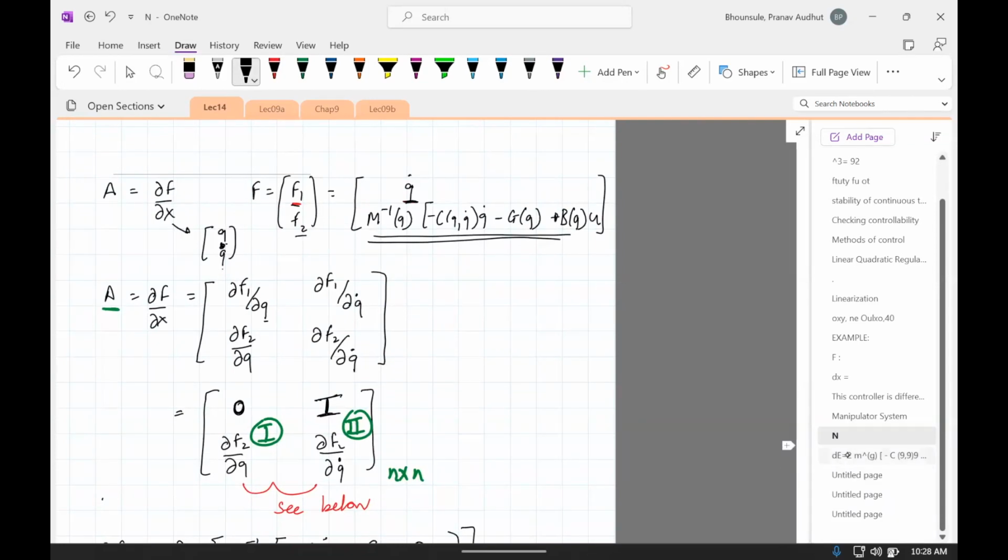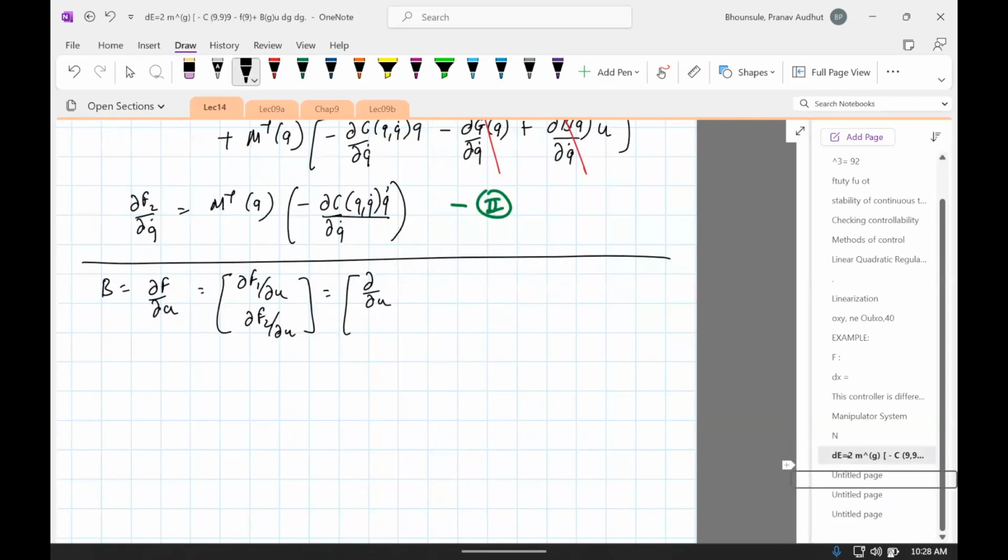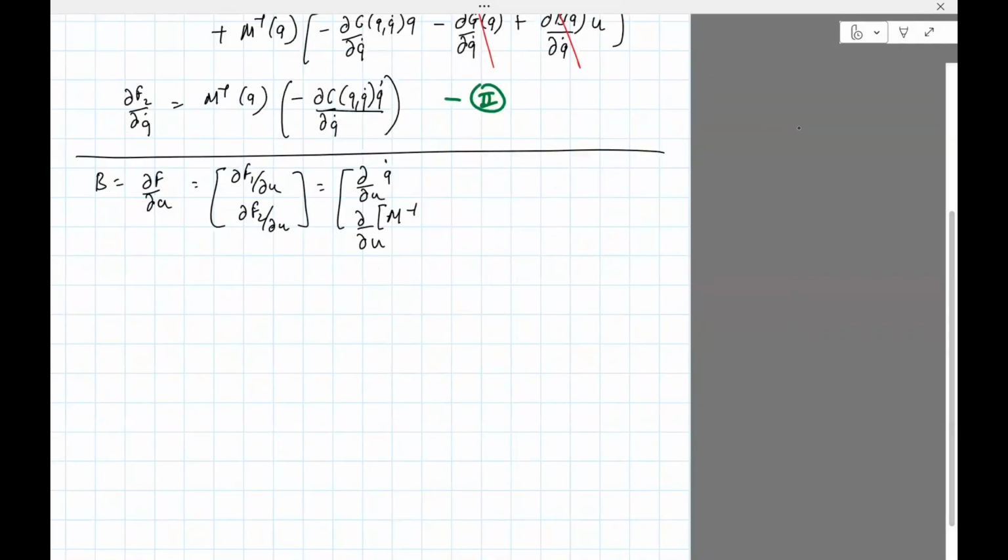So let me put those things down. So dq dot du, and then df2 would be M inverse, minus C q dot, minus G, plus B(q)u.